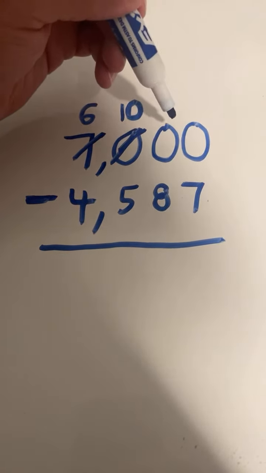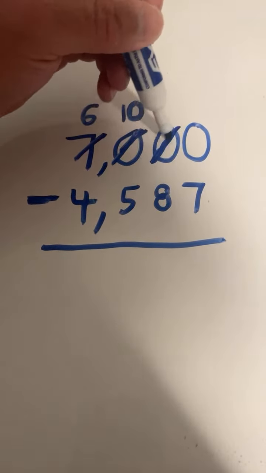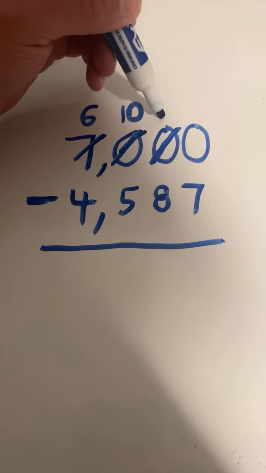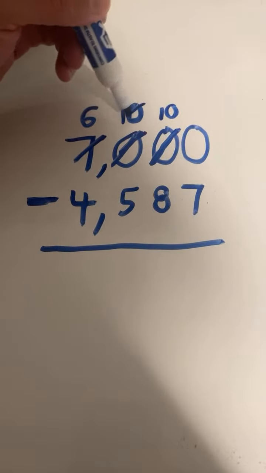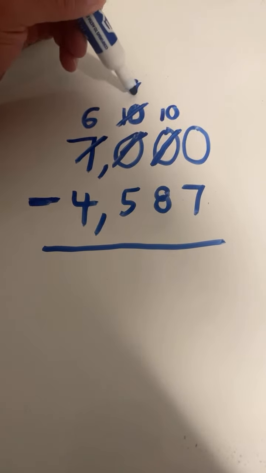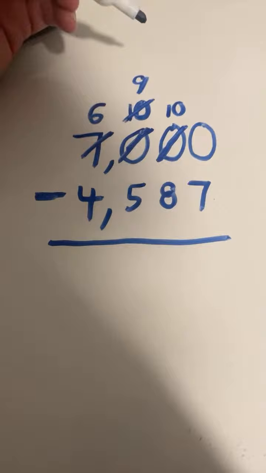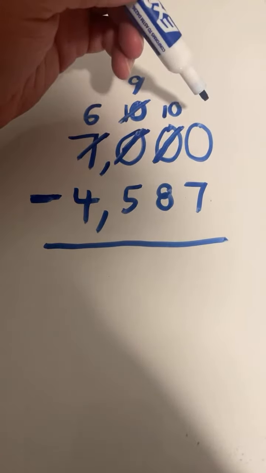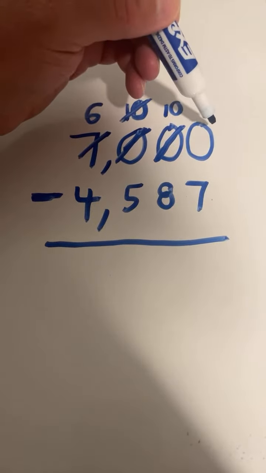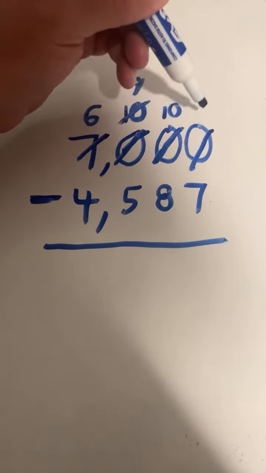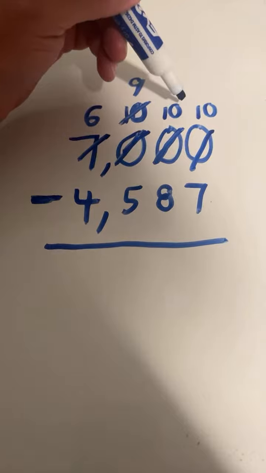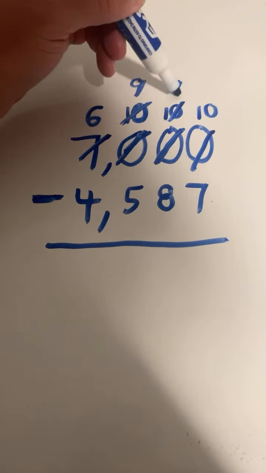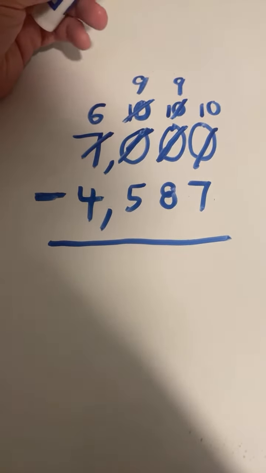We're going to take a 10 from the hundreds place, add it to the tens place. So the 0 in the tens place is going to become a 10. The 10 in the hundreds place is now going to become a 9. It's like dominoes. We add 10, we subtract 1. Add 10, subtract 1. So now we are in the ones place. 0 is going to become a 10. The 10 in the tens place is going to become a 9. Just like dominoes.